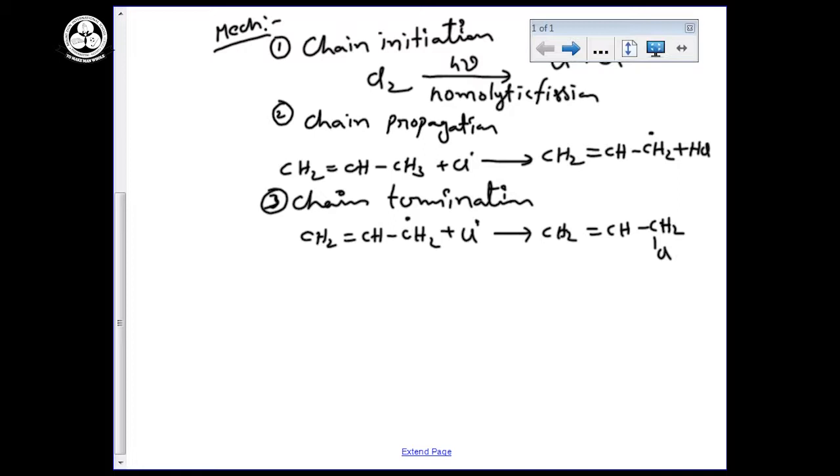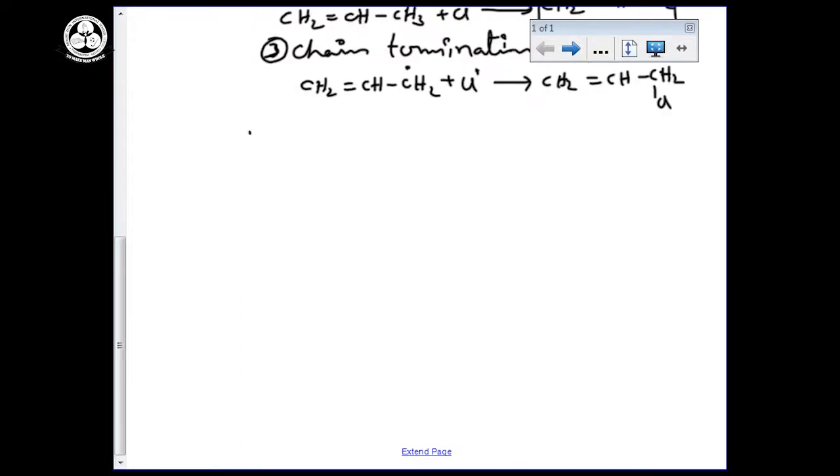Now what we have to memorize: here the reaction intermediate is a free radical. The reaction intermediate is CH2=CH-CH2 dot, and this is called the allylic free radical.